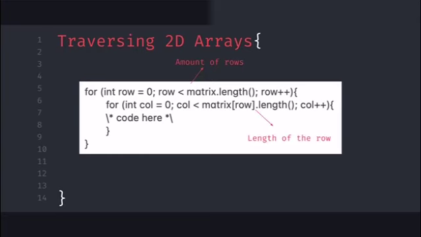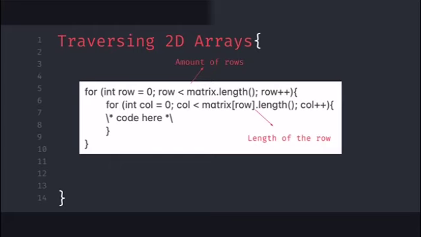On the inner layer, you will create a new variable col, set it to int type, and set it equal to 0. For the limit, we'll set col to matrix[row].length.